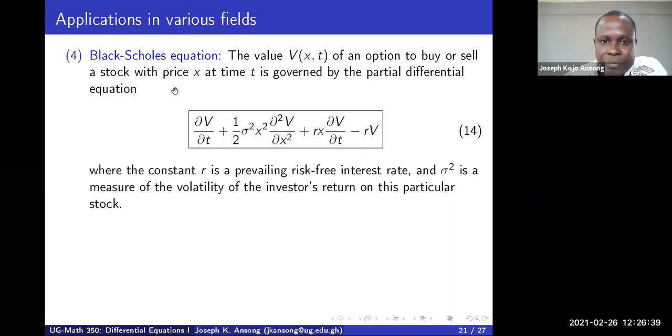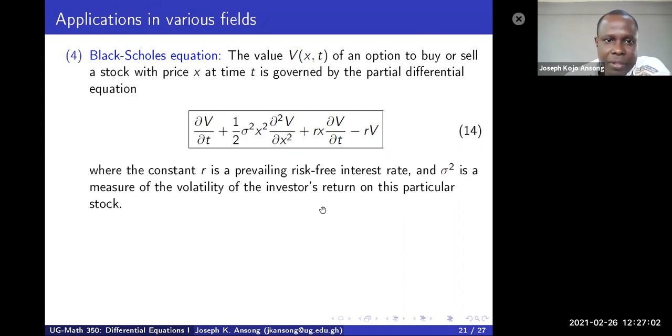R here is a prevailing risk-free interest rate. Sigma squared here is a measure of the volatility of the investor's return on this particular stock. So those in financial math or economics might find this interesting. So this is often used to model these kinds of things.